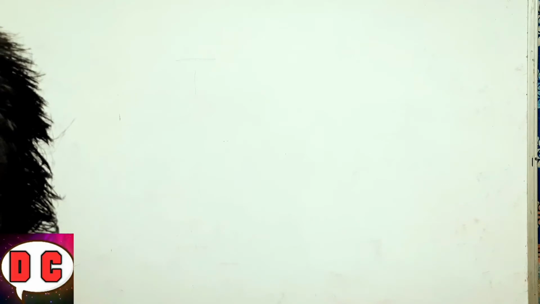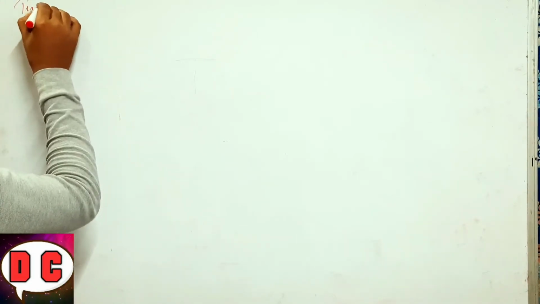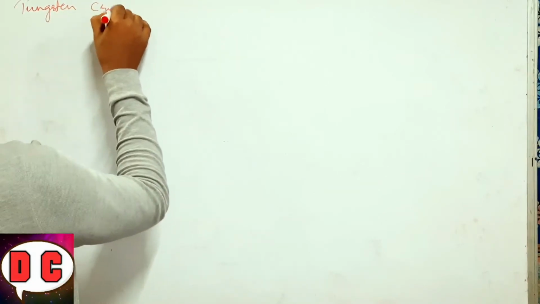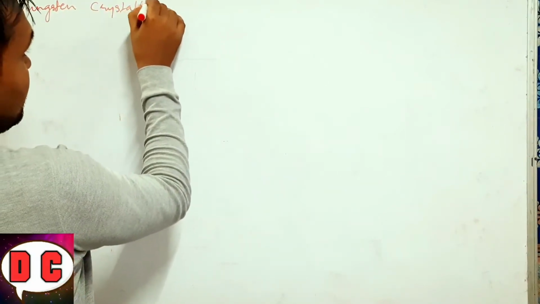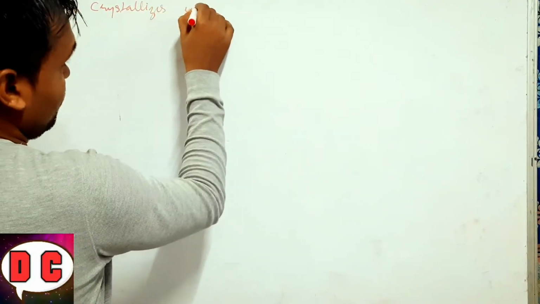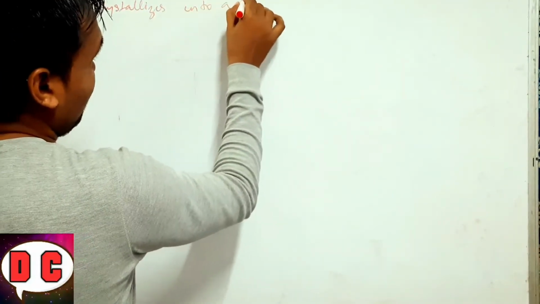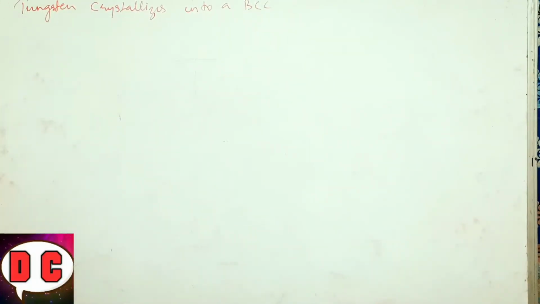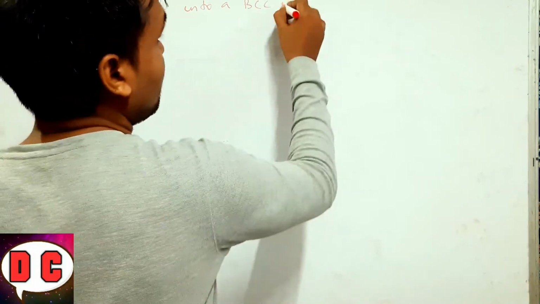The question is: tungsten crystallizes into a body centered cubic unit cell.